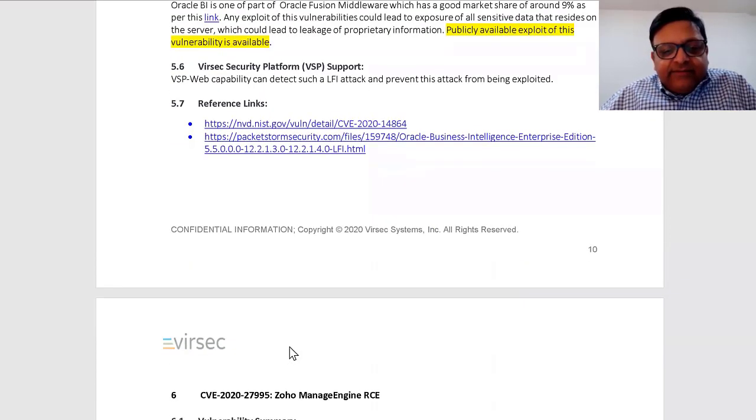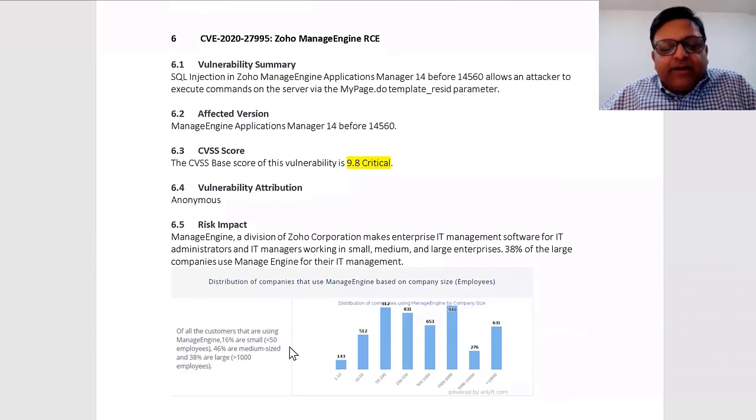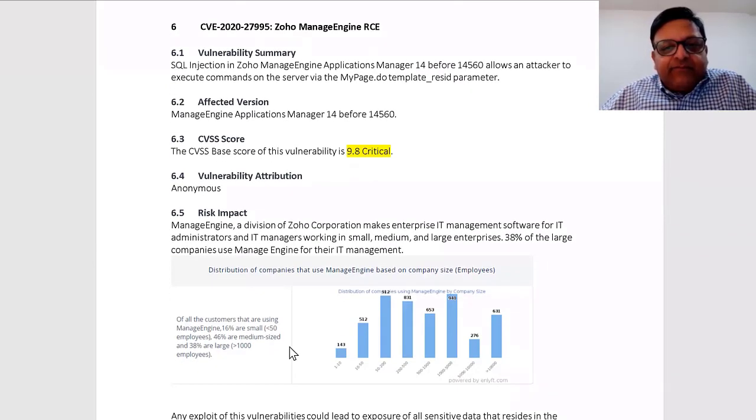Okay. The fifth vulnerability that I've picked is in a product called Manage Engine, which is used by IT a lot to receive alerts and logs from various endpoints that IT is managing.